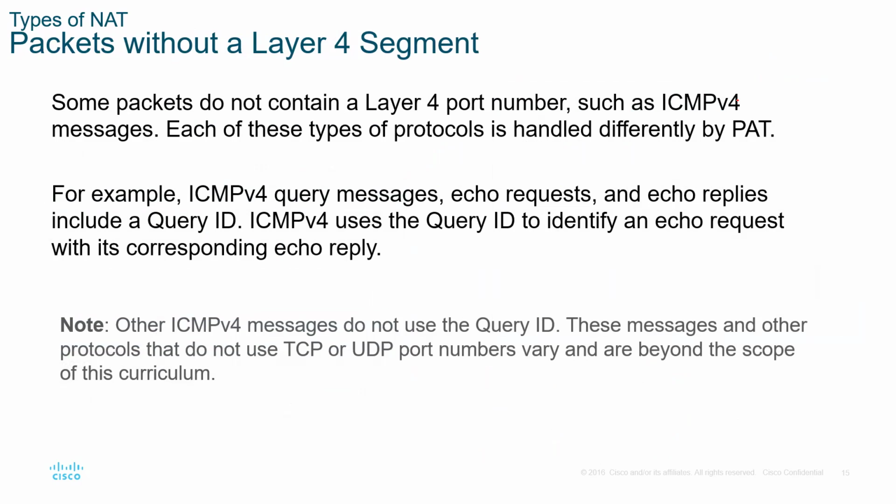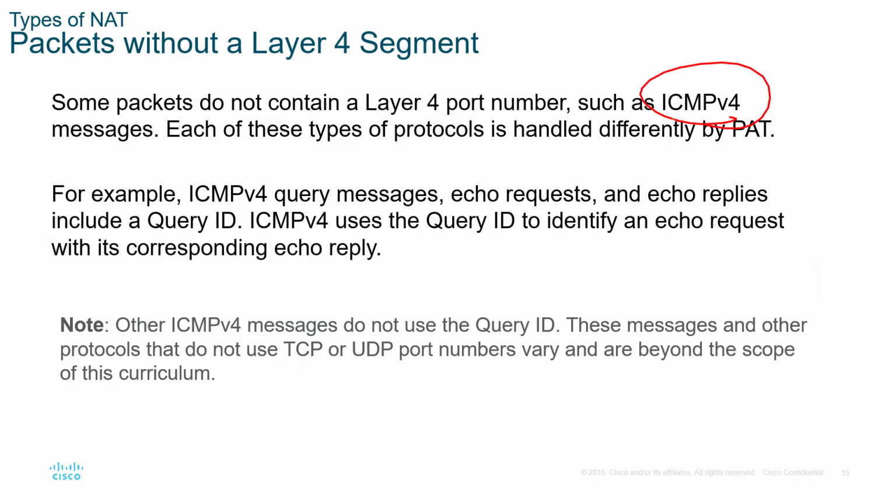Packets without a layer 4 segment. With port address translation, we have introduced the use of port numbers to separate sessions. But what happens if we have a packet which does not contain port numbers, which doesn't have the layer 4 information that includes the port numbers? Such packets include the ICMP version 4 packets.